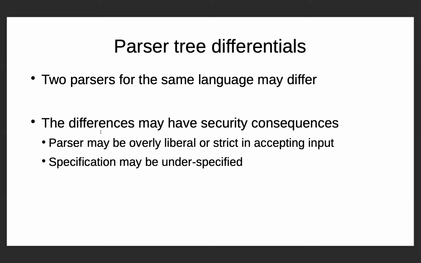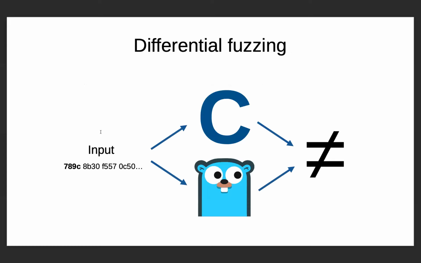So it may be that, for instance, one of the parsers may be overly strict for some of the inputs. It may also be overly liberal. And also it might be that neither of them are really buggy. They're all conformant to the specification, but it's just that the specification is underspecified and leads to security issues, of course. So this is why we've used differential fuzzing.